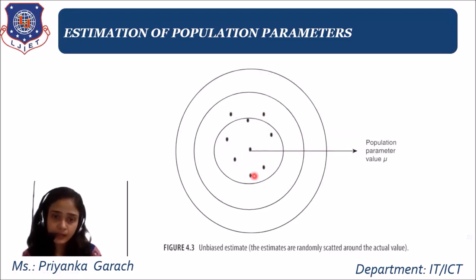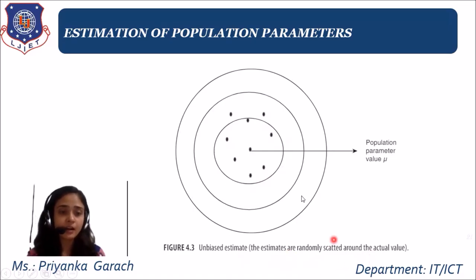Then the estimated values lie around the actual value. All these different black dots are my estimated values, and you can see that they lie around the actual value. This is the graph of the unbiased estimate. In this, the estimates are randomly scattered around the actual value.